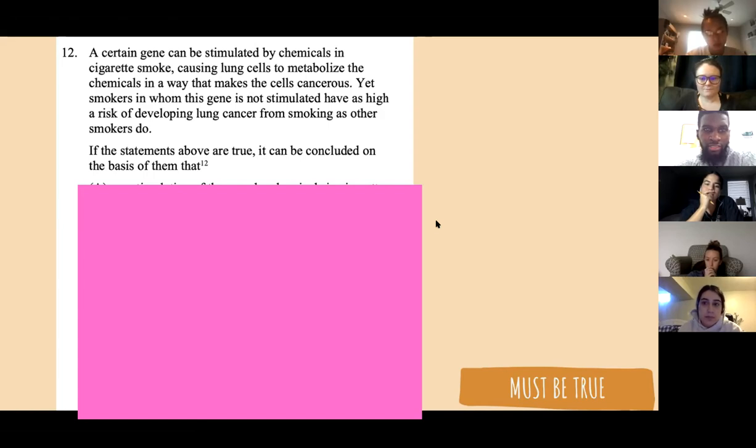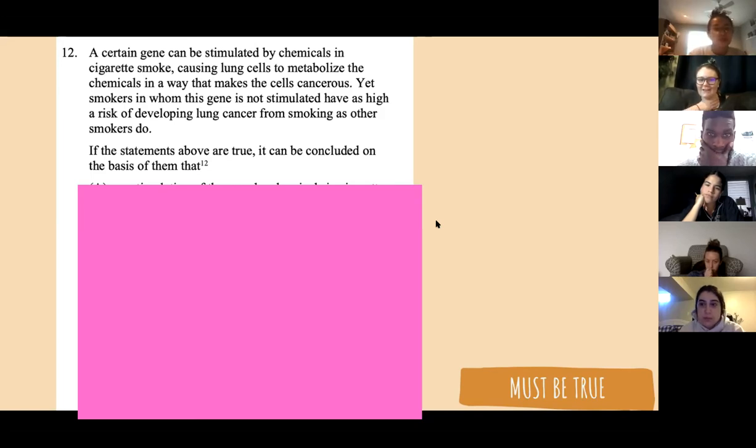Excellent, exactly. The chemicals in the smoke stimulate this gene, and then that causes the lung cells to metabolize the chemicals in a way that causes cancer.